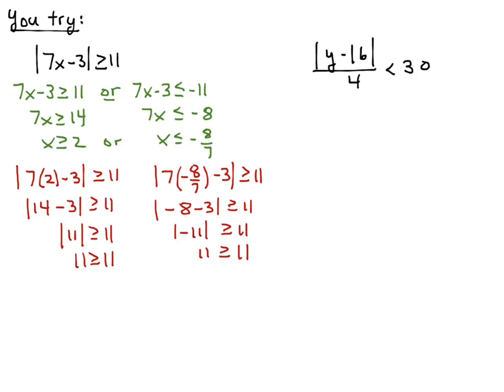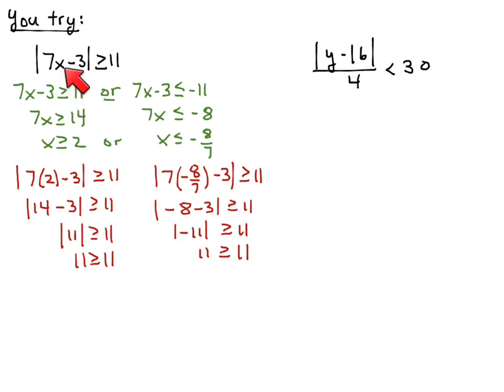Yeah, on this one, for the 7x minus 3 greater than negative 11, I don't know why you put a negative on that 11. Well, you should put a negative over here, right? Because this is the case where if this is positive, then the equation looks like this because the absolute value doesn't change anything.